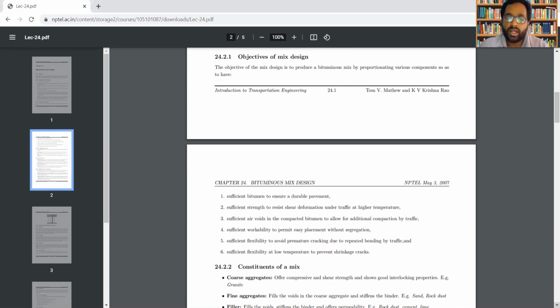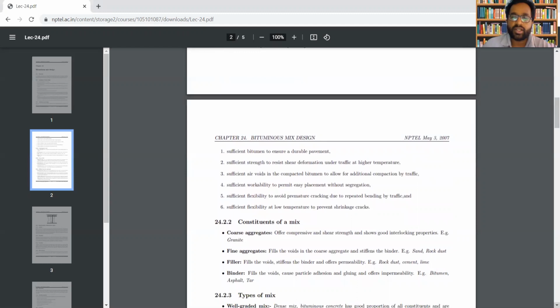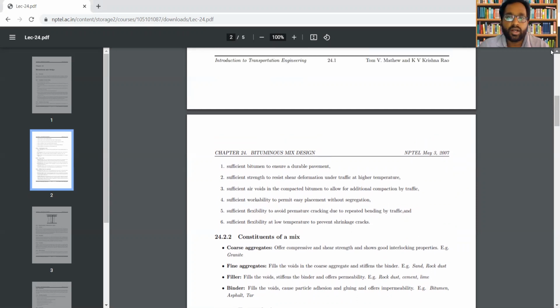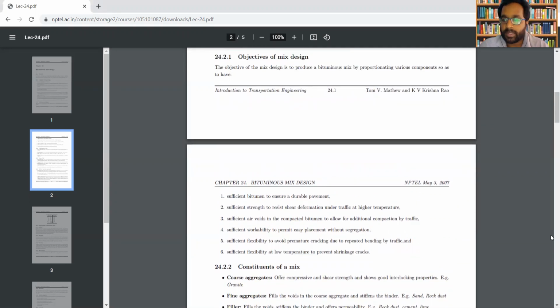Then sufficient flexibility: due to repeated loading by traffic, there should not be appearance of premature cracks. So sufficient flexibility should be available to avoid premature cracking. And to prevent shrinkage cracks, there should be sufficient flexibility at lower temperature. These are the objectives of mix design.